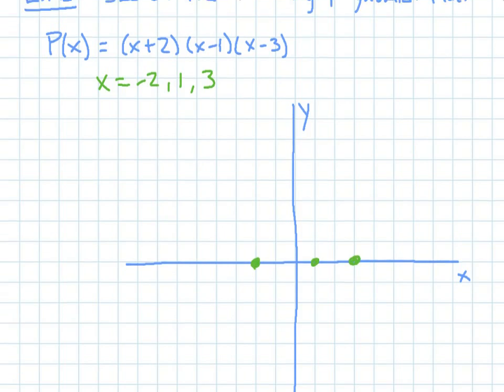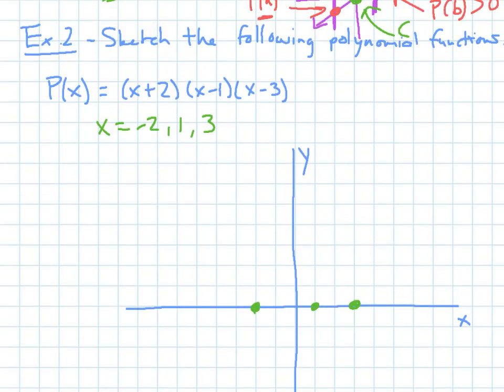Okay. Now, looking at the leading term, if you multiplied all your x values together, you would get x cubed, right? So let's go back to thinking about end behavior again. So here, if you had x cubed, the power means that it's odd. Okay, so that's how you figure out if it's odd.